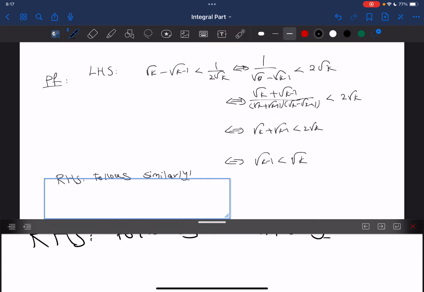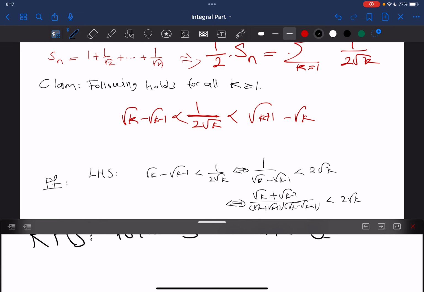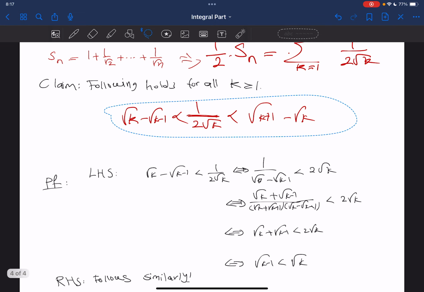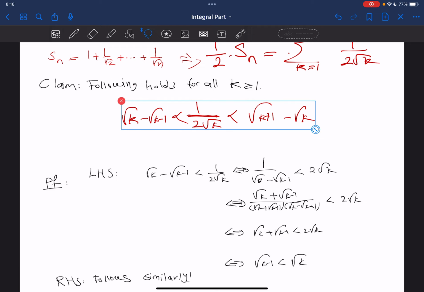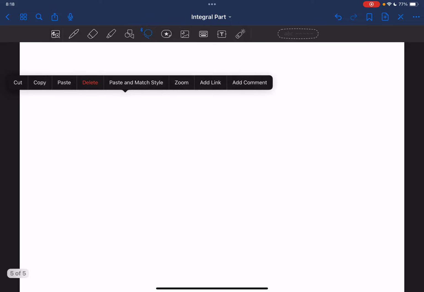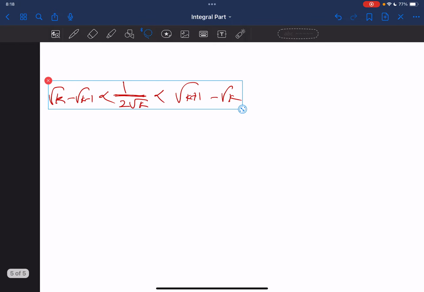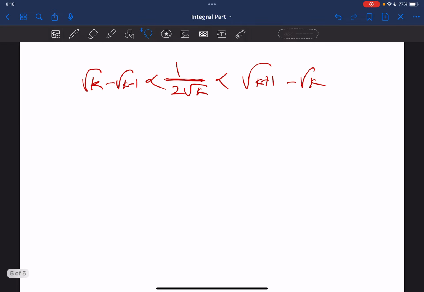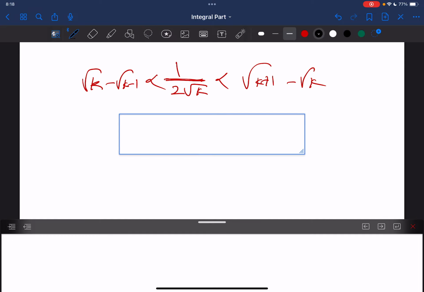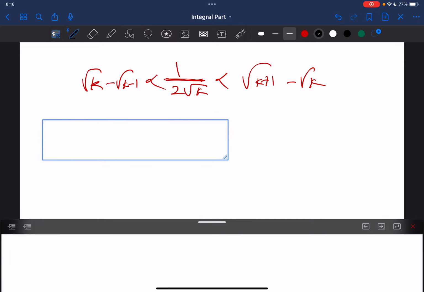Okay, so we have this bound here, which I'm going to take to the next page, paste it here. All right. And so what does this mean?